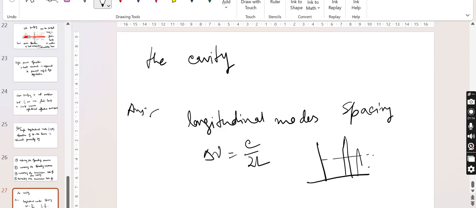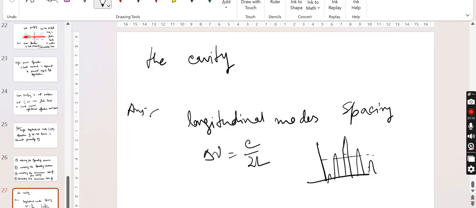And we know the cavity modes are like this. Single mode operation means only one mode will cross the threshold gain.